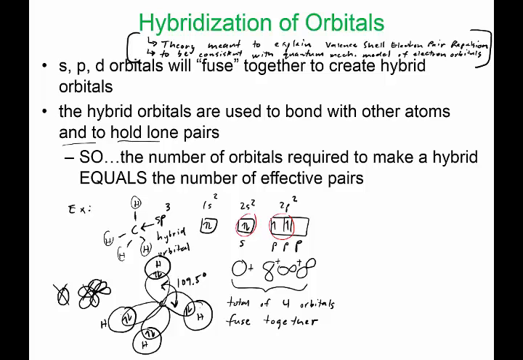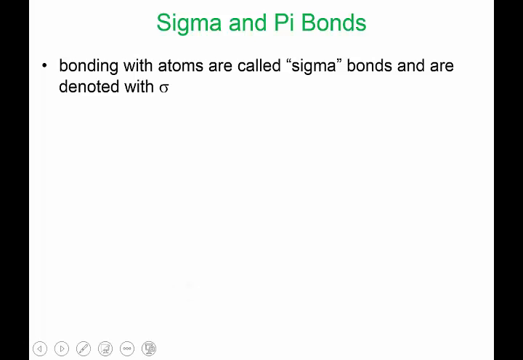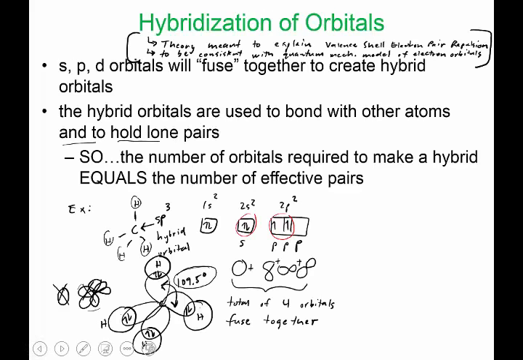The s shape doesn't work to make that maximum distance, and the p shape doesn't work either to make this shape. So it creates this hybrid orbital. The hydrogen by itself is just a regular s orbital, so it's just a sphere.